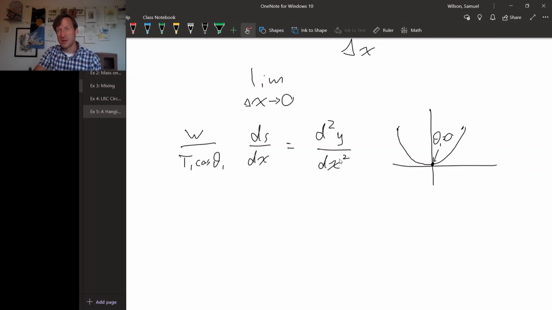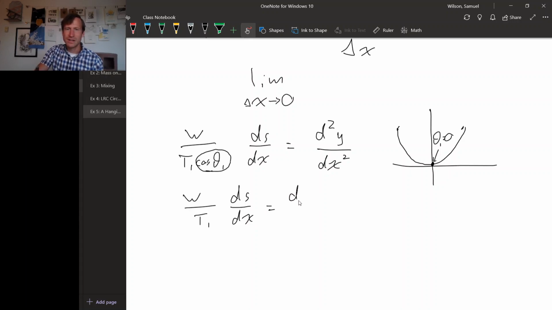So we can plug theta 1 equals 0 into this, but theta 1 only shows up right here in this cosine term, and cosine of 0 is 1. That makes this whole thing w over t1 times ds dx equals d squared y dx squared.